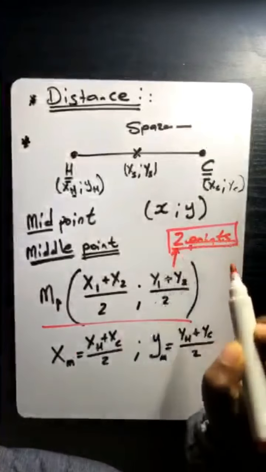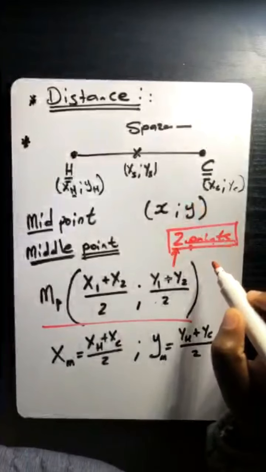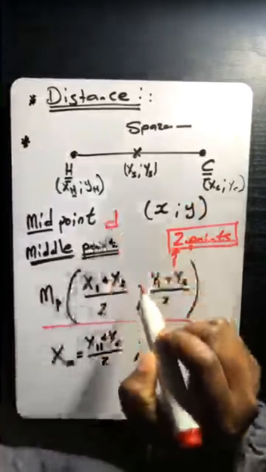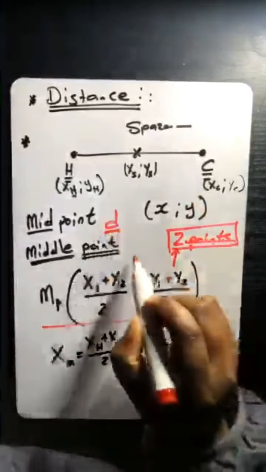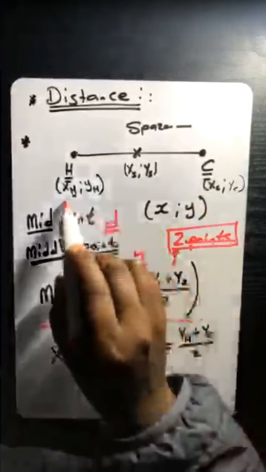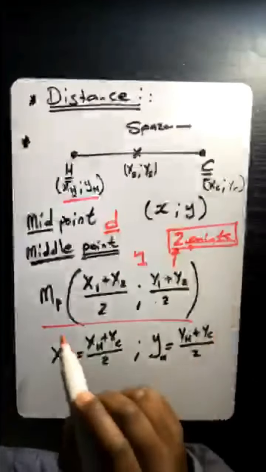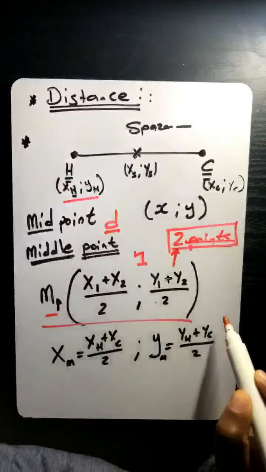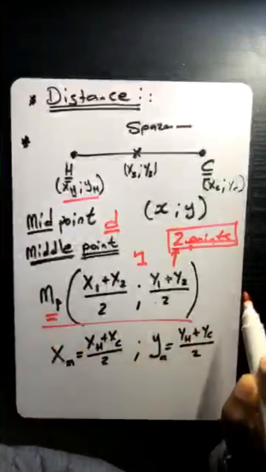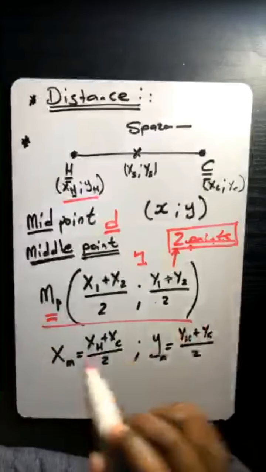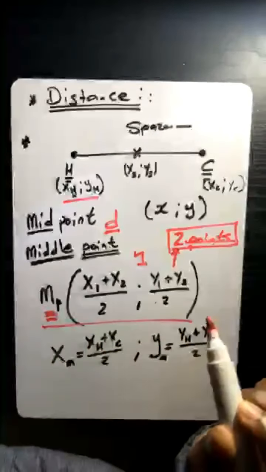It's not always that the question will say calculate the distance. In some instances, they can give you the distance and 1 point and ask you to calculate the other point. Since this is the midpoint formula, the examiner might ask you to calculate the midpoint, or they might give you the midpoint and ask you to calculate the other coordinate.